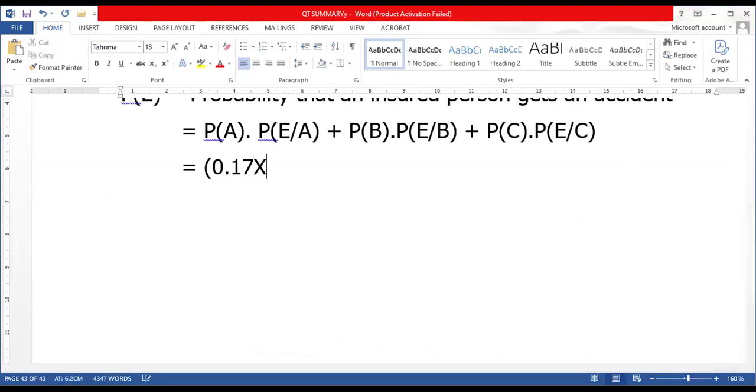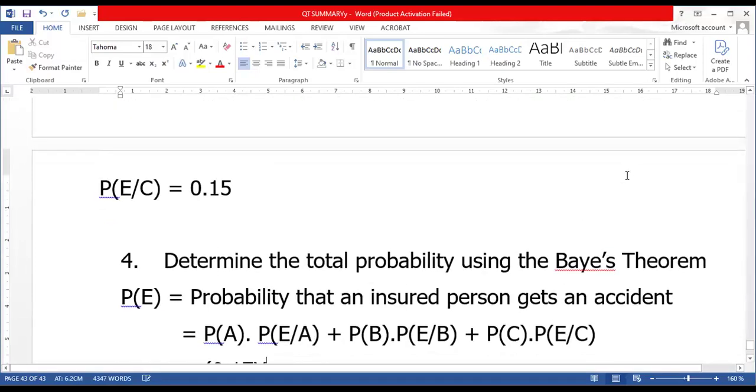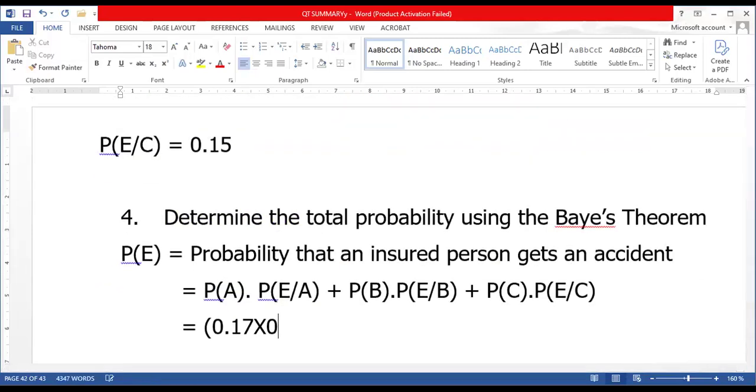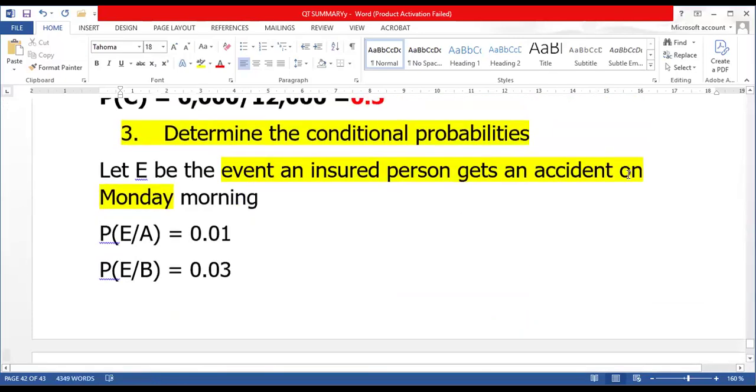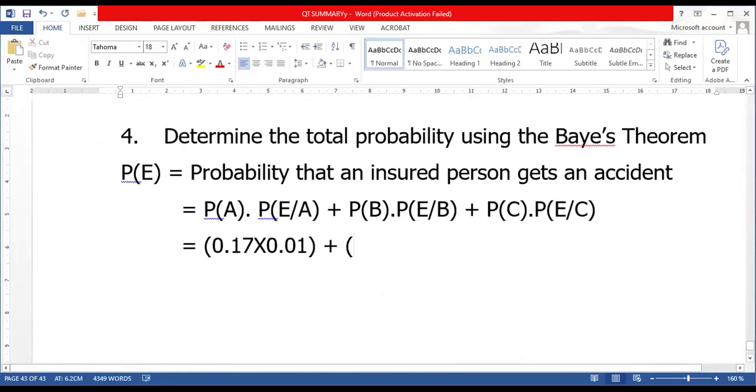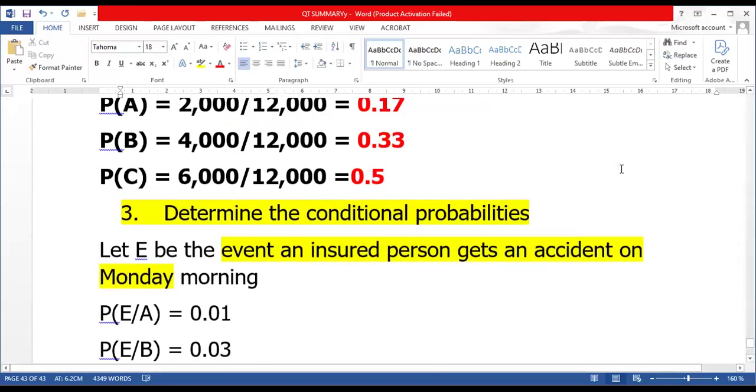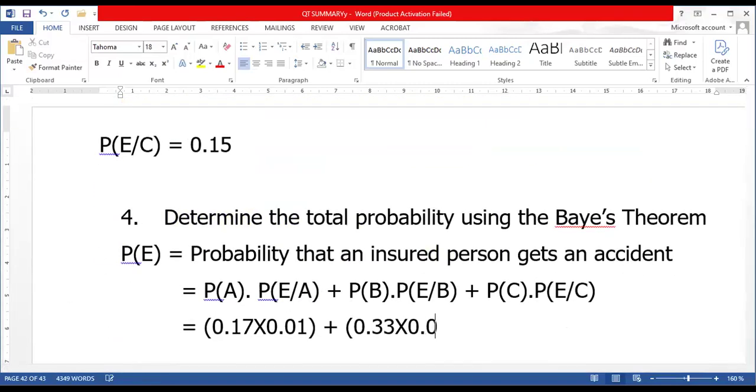Then times what is probability of E given A, it is 0.01. Then plus what is probability of B? That is 0.3. Then times what is probability of E given B? 0.03.